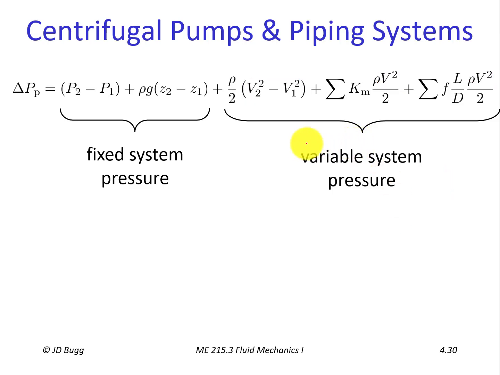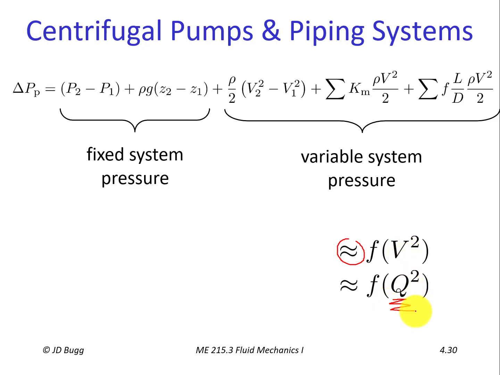Now, in addition to these being dependent on flow rate, notice that all of these V's in here are squared. So the variable system pressure varies approximately as V squared. Now realize that if they're a function of V squared, they're also a function of Q squared.